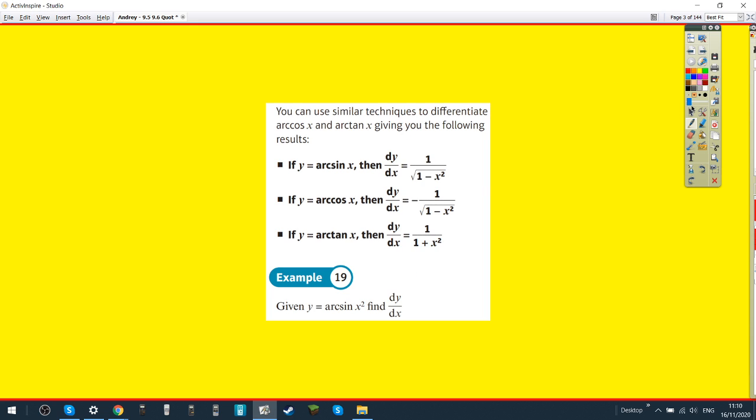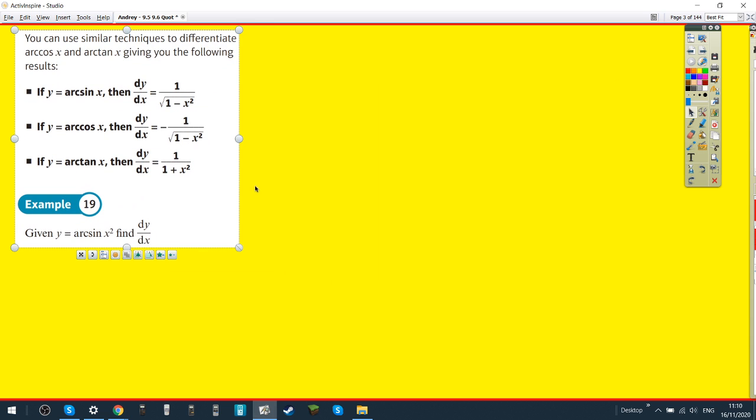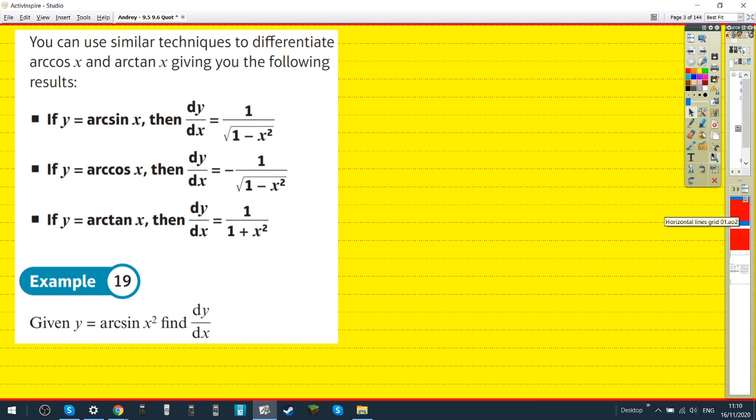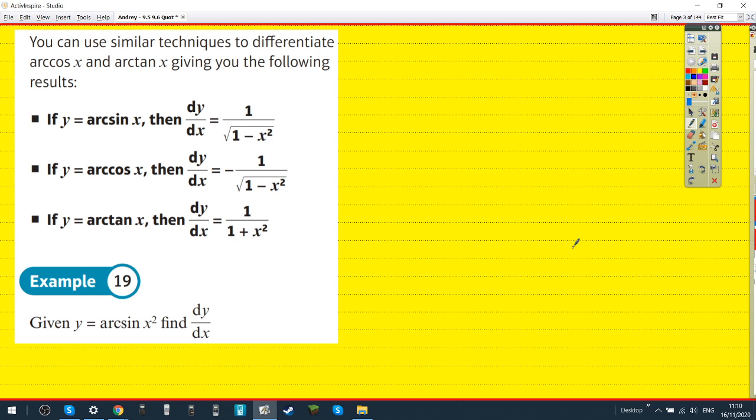No. All right, how about this? Would it be like 1 over a root 1 minus x to the 4?